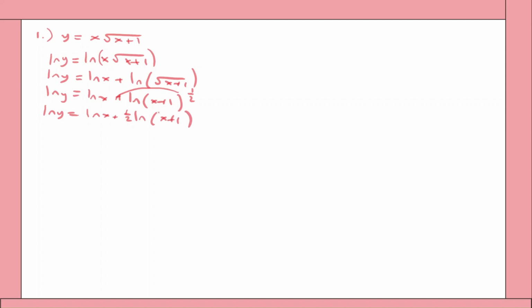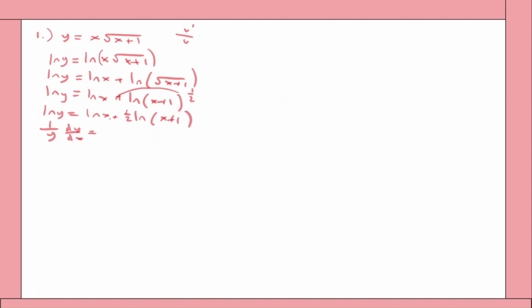And now it's much easier to take the derivatives of this whole thing. So the derivative of any variable with an ln is just going to be 1 over that variable. And that's just because the rule for ln's is that it's going to be u prime over u. And y's derivative is 1, and so it's 1 over just y. So it's going to be 1 over y, and this is a dy dx because we took the derivative of a y.